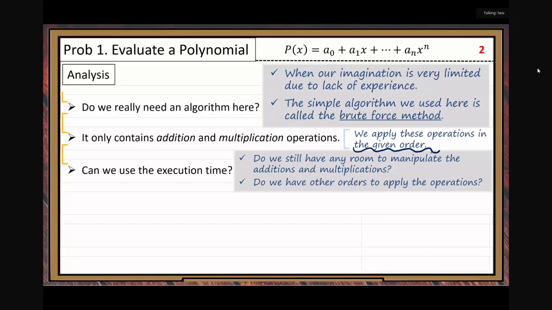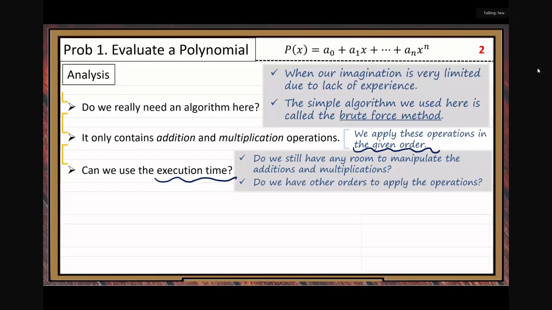Because our goal is to get a faster algorithm, the first thing we think of is the execution time, right? So we want a faster execution time to find the answer of a polynomial.